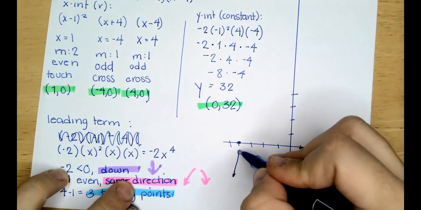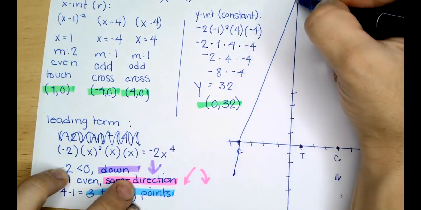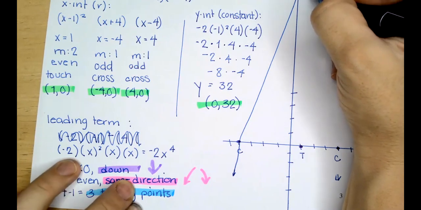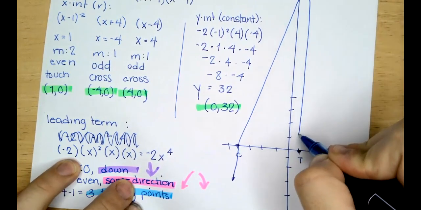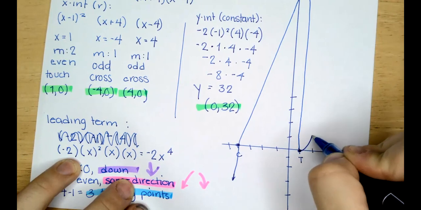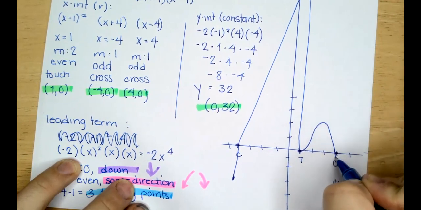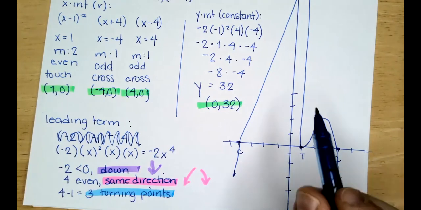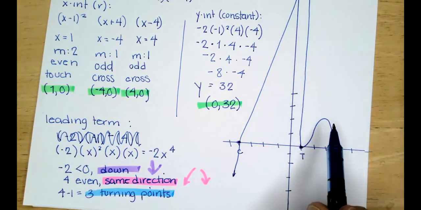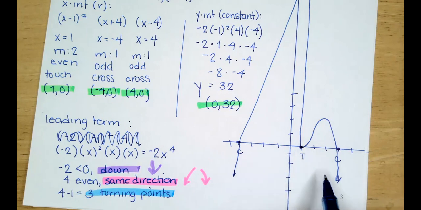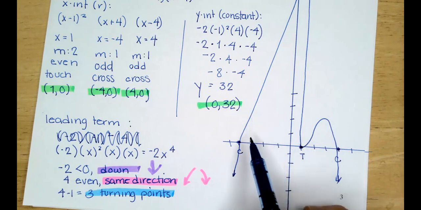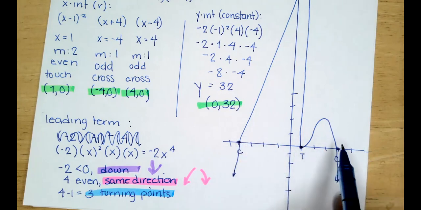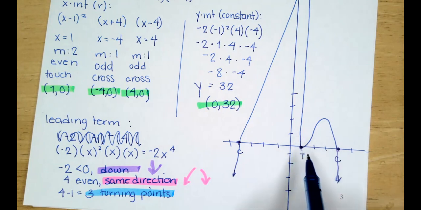So it's gonna cross, come up, go all the way up to +32, come back down, touch, turn, cross. I have 3 turning points, 1, 2, 3. It goes down in the same direction, and I cross at -4 and +4, and I touch at 1, and I cross y at 32.